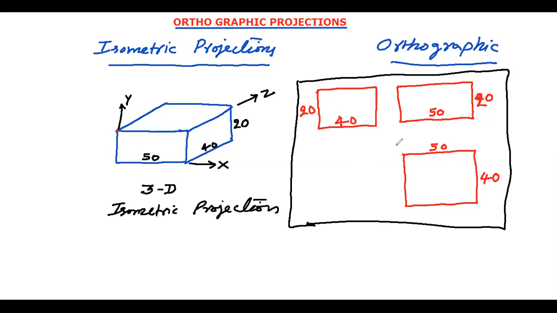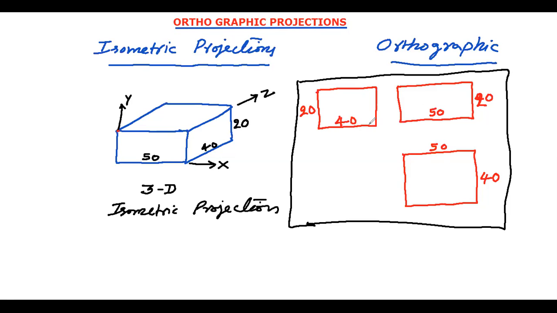Combinedly, all those entities together will give you the view of the original picture. So what I am doing here is, instead of drawing a single picture with all three dimensions, I am drawing two-dimensional entities.